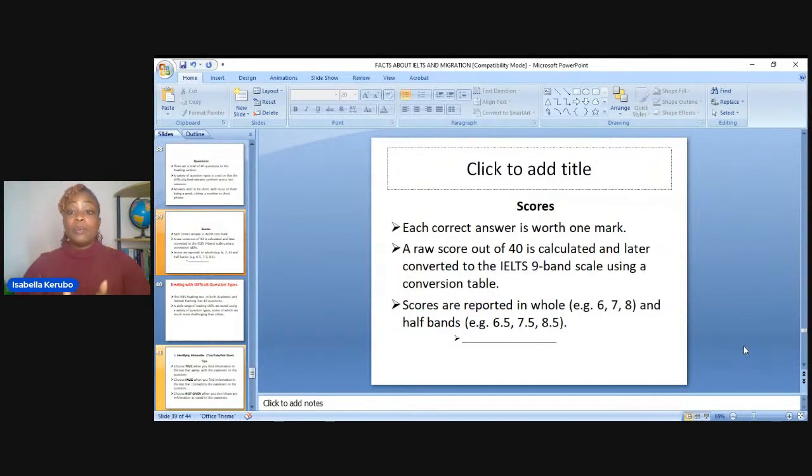So this is all you need to understand about the IELTS reading test. The skills tested, the content, the timing, the questions, and finally the scores. All right, so that is all you need to know about the IELTS reading test.